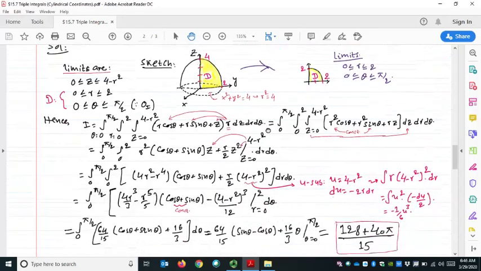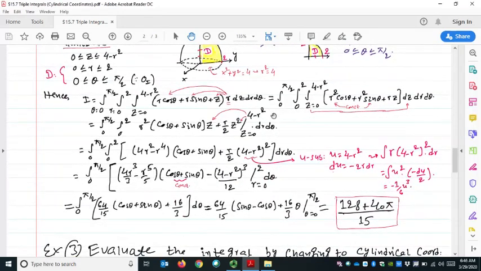Let me scroll down. That's better. And then let's start integrating. So first write down the theta integral, write down the r integral, and also write down the z integral and multiply this r inside this parenthesis. So r square cosine theta plus r square sine theta plus rz, which is in this bracket, times dz dr d theta. And then first let's integrate with respect to z.